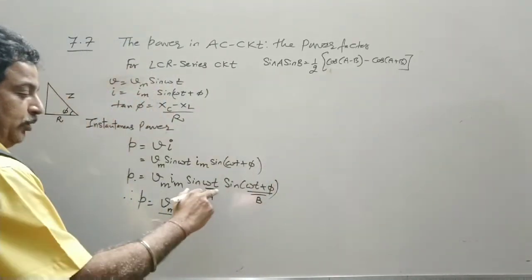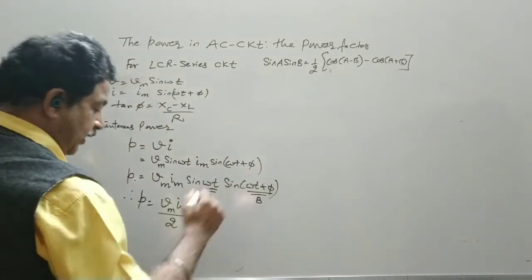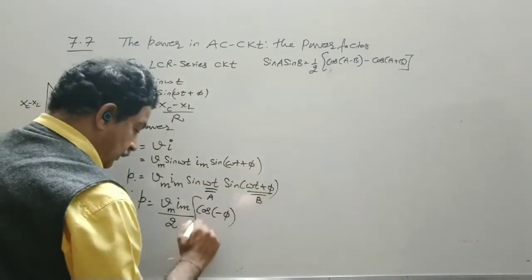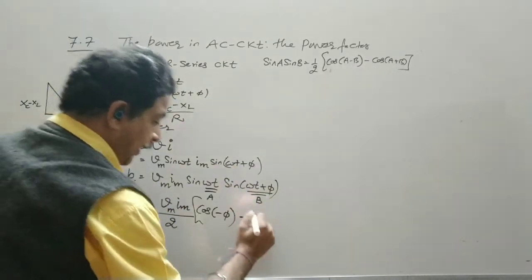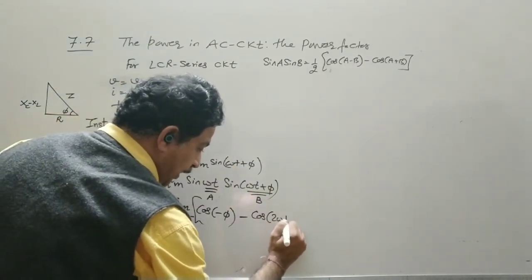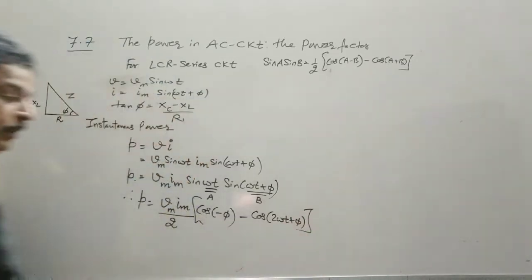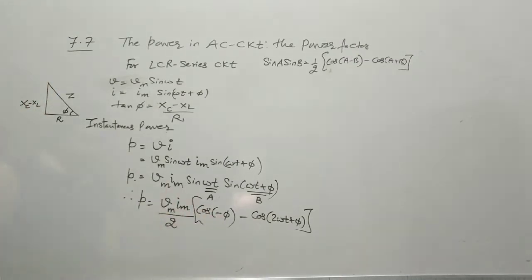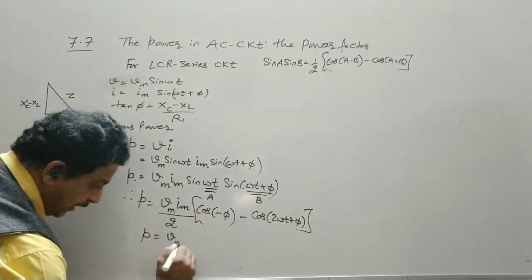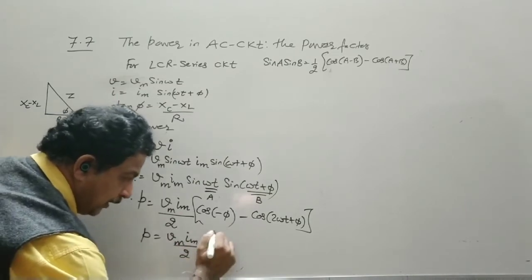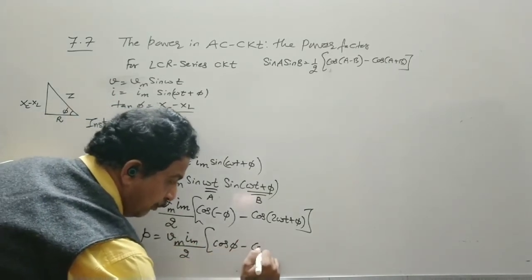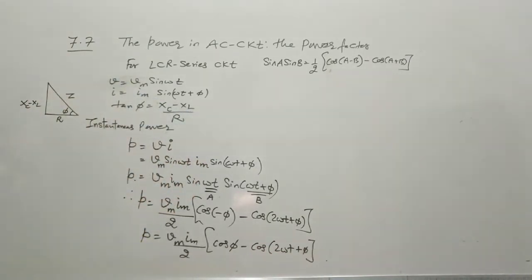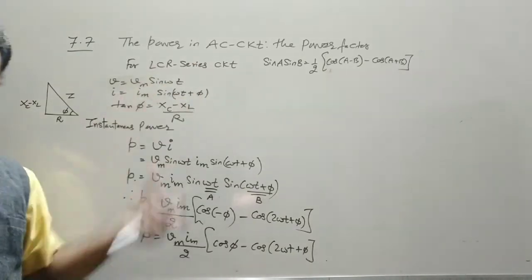So we do the subtraction, omega t minus omega t plus phi, that is cos of minus phi. Then minus sign. Then we do the addition, that is cos of 2 omega t plus phi. Now cos of minus phi: cos is an even function, so this minus is gone. So it can be written as cos of phi minus cos of 2 omega t plus phi. So this is the instantaneous power in an LCR series circuit.